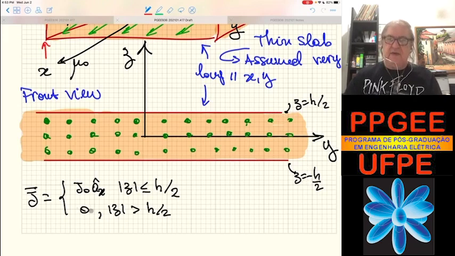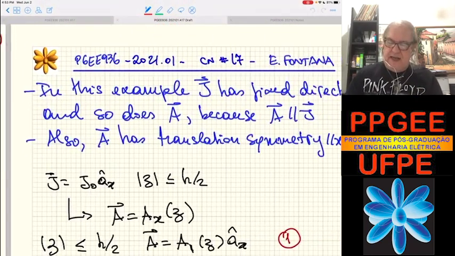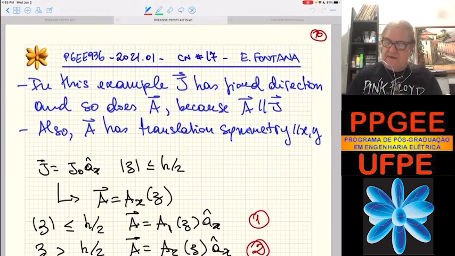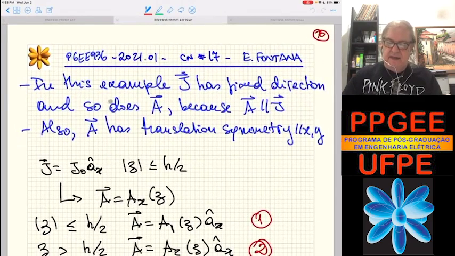So the current density is 0 outside, right? In this example, J has a fixed direction. So does A, because due to the formula that relates A to J, A is going to be parallel to J.